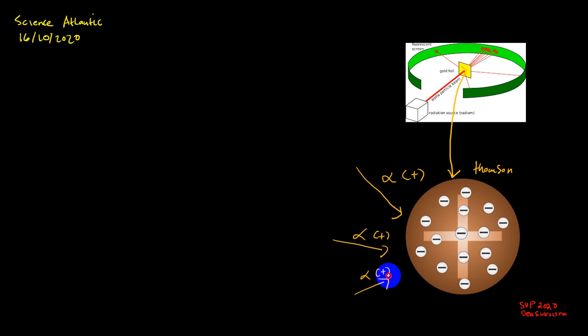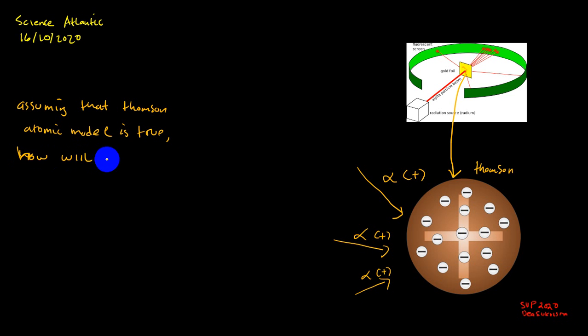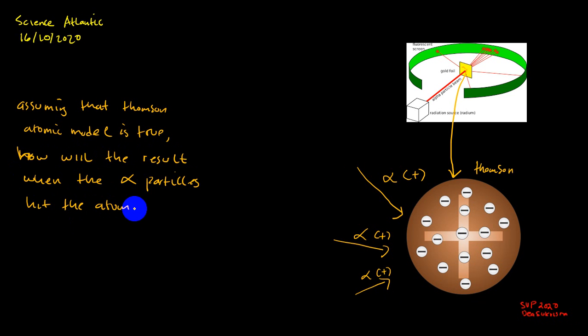I repeat my question. Assuming that the Thomson atomic model is true, how will the result be when the alpha particles hit the atom?